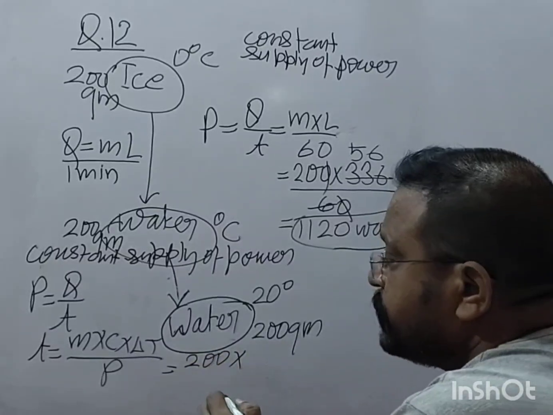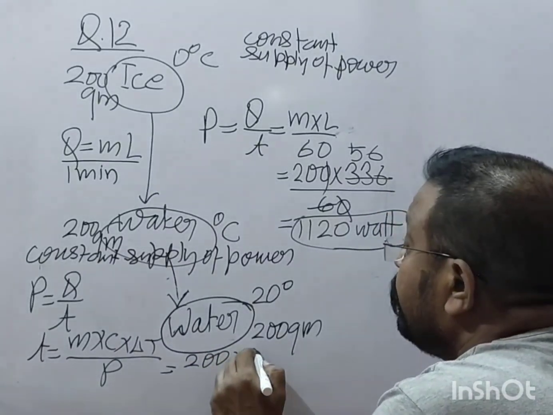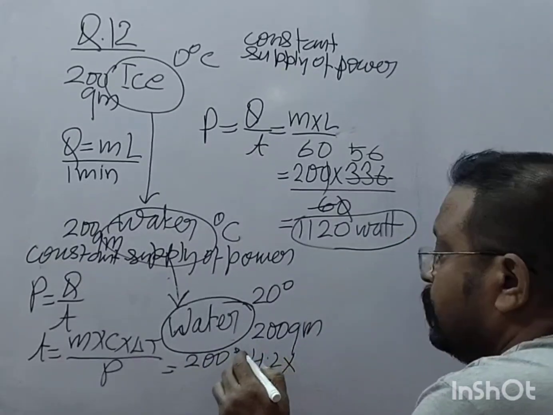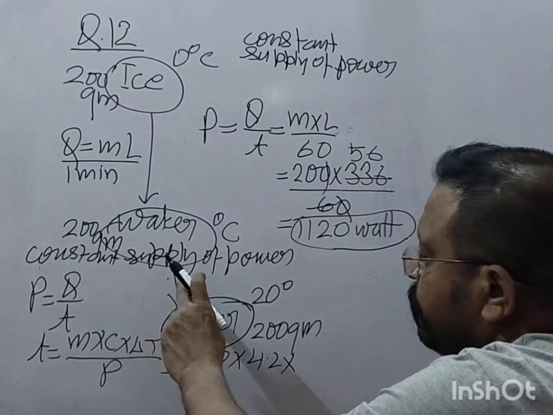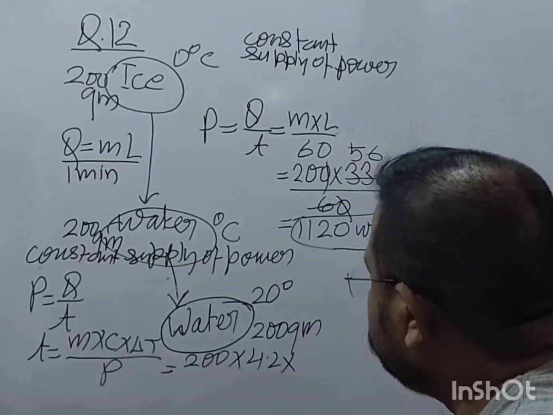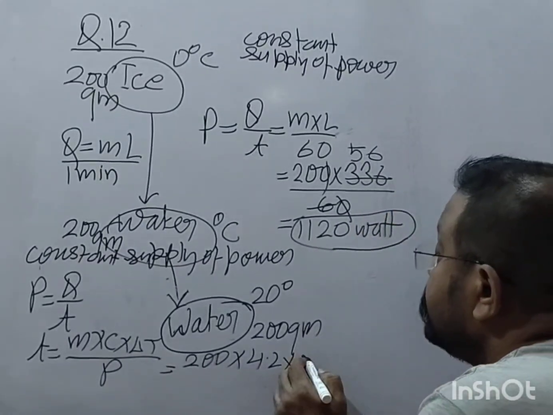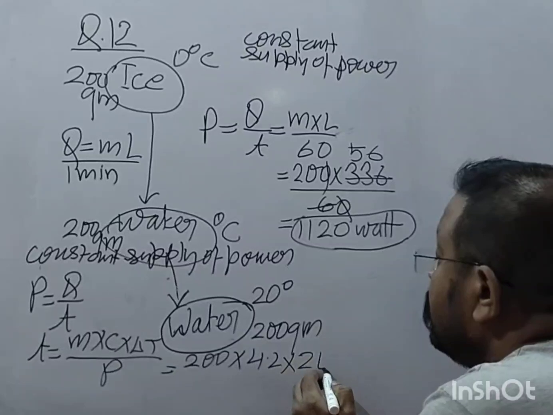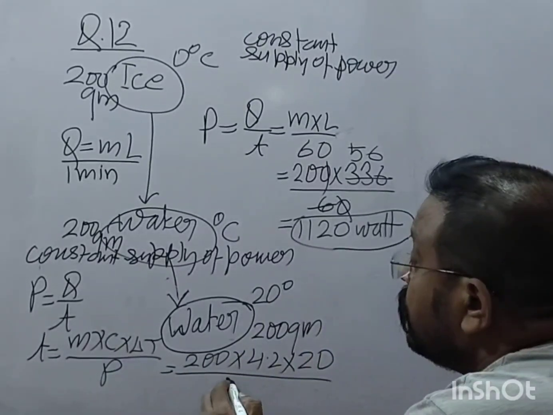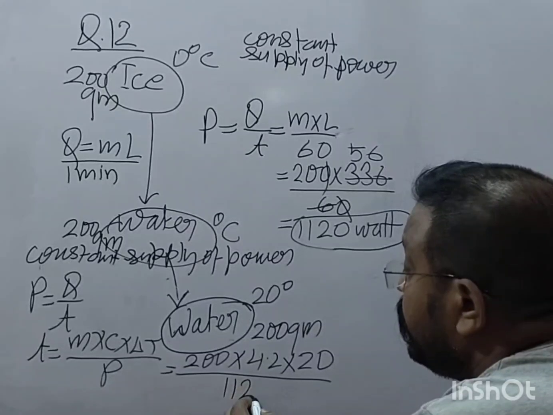into C, which is 4.2, into change in temperature from 0 degrees Celsius to 20 degrees Celsius, so it is 20, upon power, which is 1120 watt.